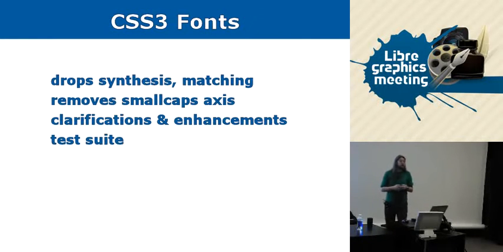It removes the small caps axes because you don't really have separate fonts that are small caps anymore. It's a feature, and we want to have more robust support for features in general. Various clarifications, enhancement, a test suite, unlike CSS2, which didn't ever have a test suite. CSS 2.1 is getting one. SVG does have one, but that's obviously quite important.